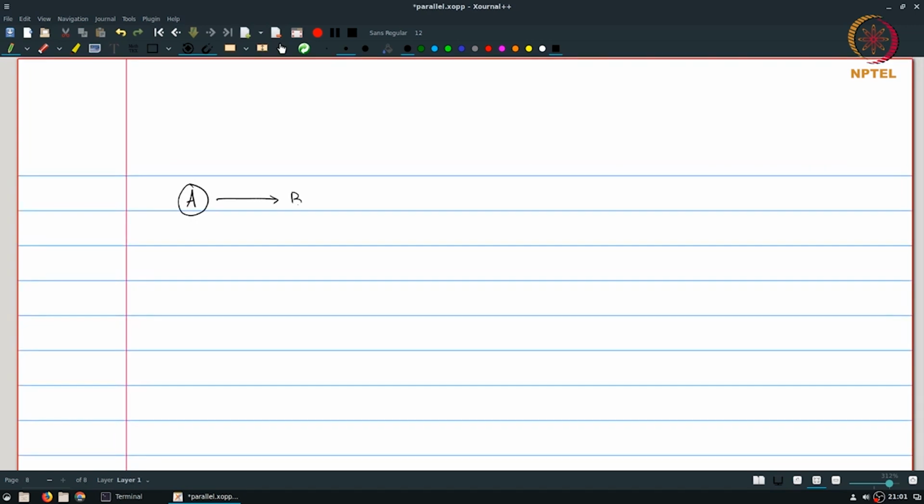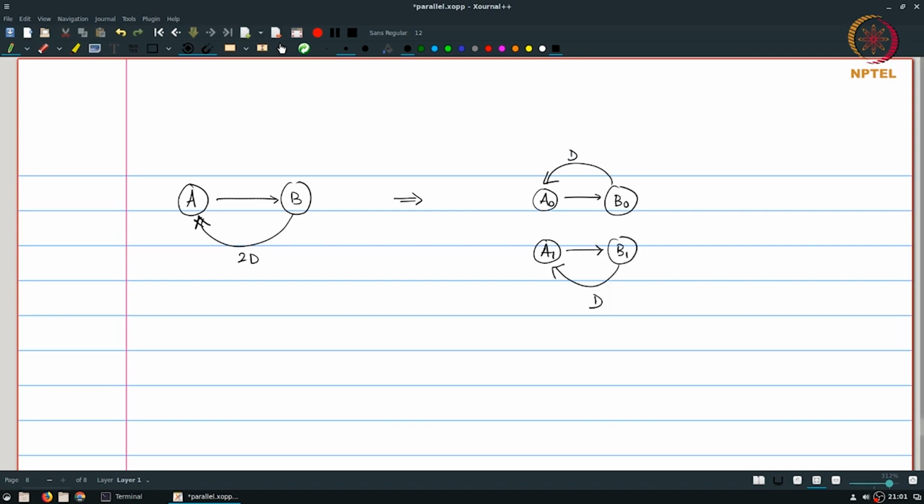Effectively, what I have done, in other words, is that I have been able to redraw my original data flow graph, which looked something like this, to a set of two parallel data flow graphs with a single delay each on them.